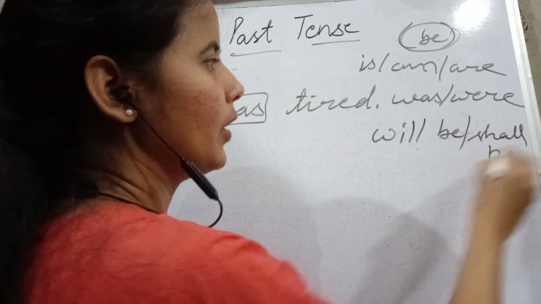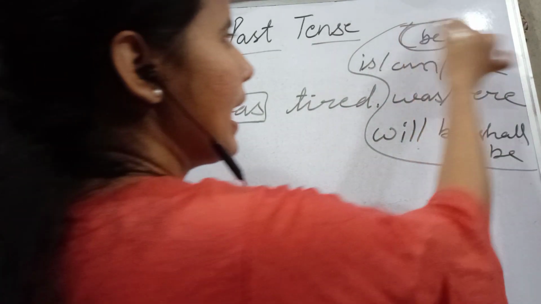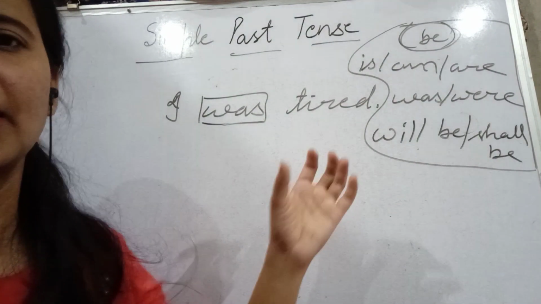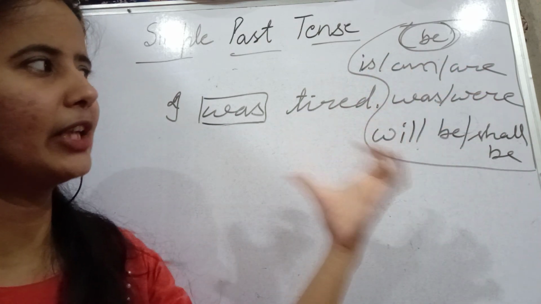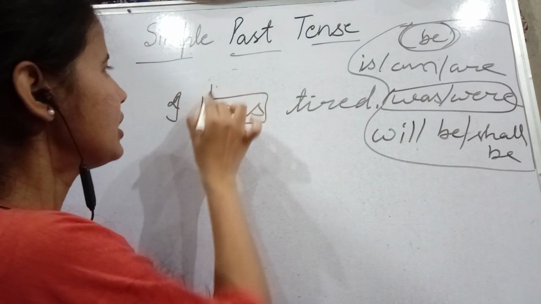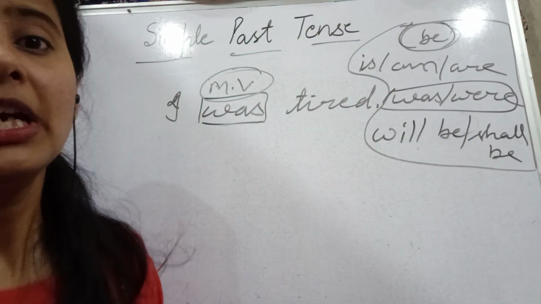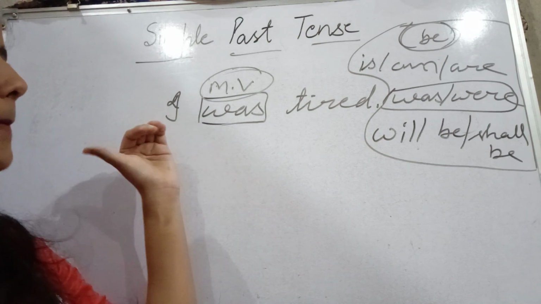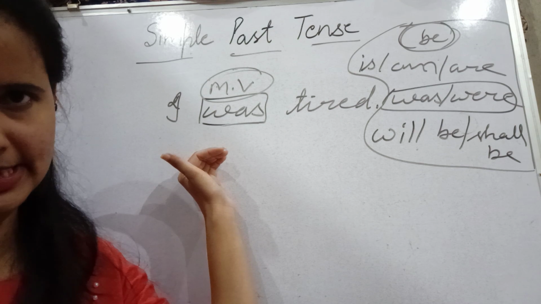So these are called be forms, and when they are used as a main verb, it will be simple past tense, not past continuous tense.